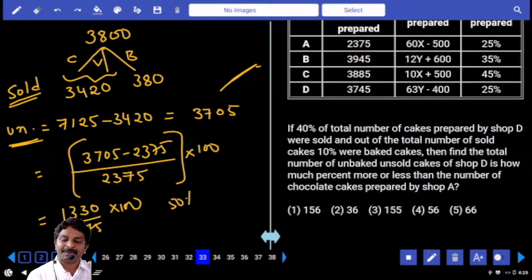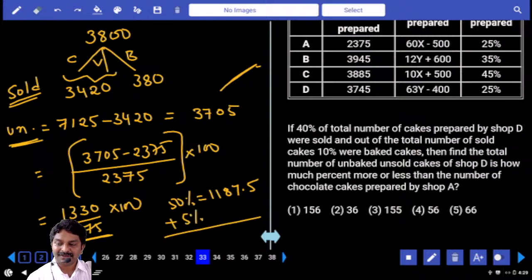So 50% of the denominator is 1187.5. Approximately we need to add 150, which is not even 10% of the denominator. So approximately 4% or 5% you need to add. So the answer should be very close to 55%. Fourth option.